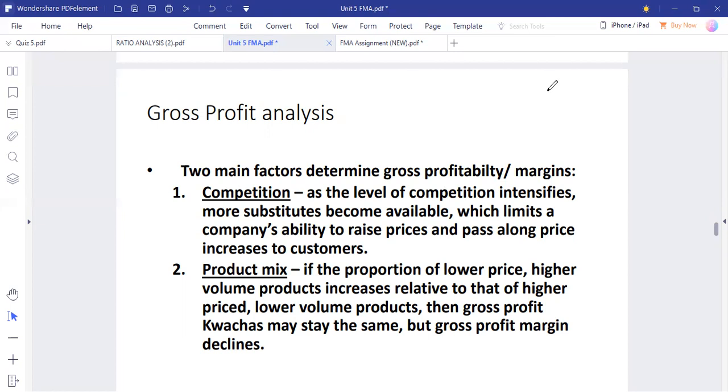If your gross profit margin is low, the comparison between the sales and the gross profit is stiff, because customers are now able to compare prices, and because of elasticity, customers may switch from one product to another. If you're looking at brands, for instance Coca-Cola, and you're giving suggestions as to why there was a low gross profit margin, you should look at it in terms of competition, because sales really emanate from the competition that is there.